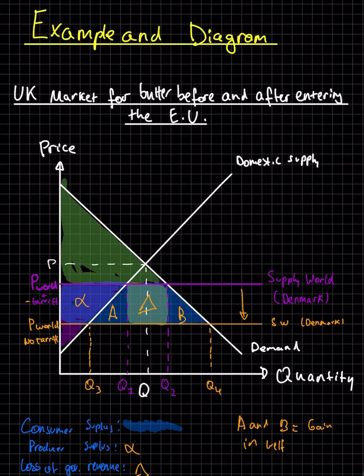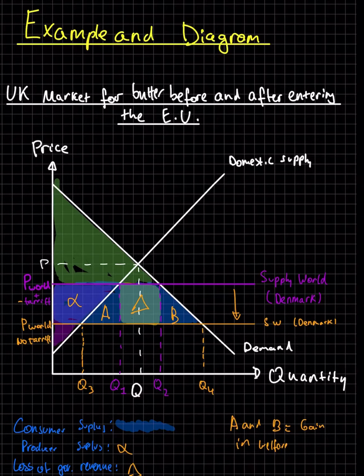Although producer surplus is falling, the absolute gain in consumer surplus more than makes up for it, as does the cheaper prices. Consumption is going up from Q2 to Q4. And we have a gain in welfare in A and B, as I said.